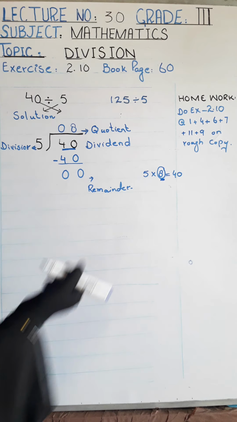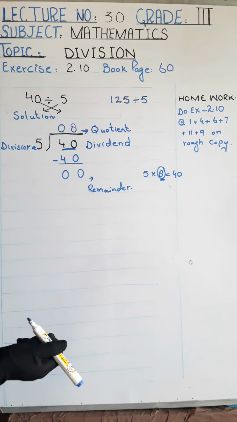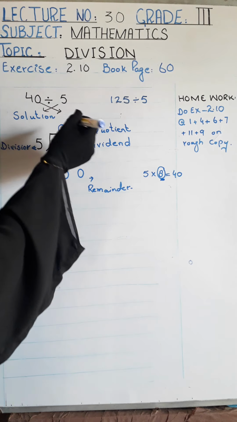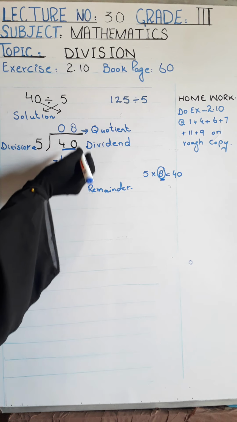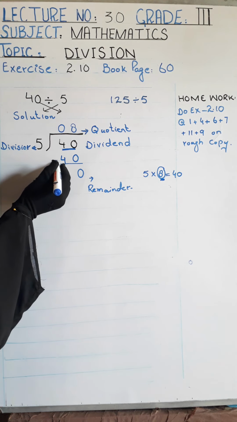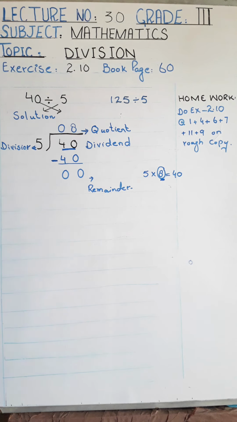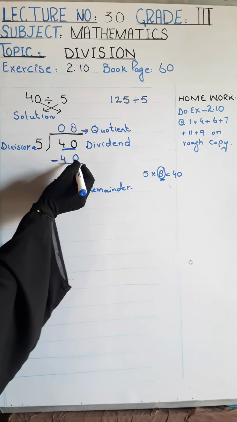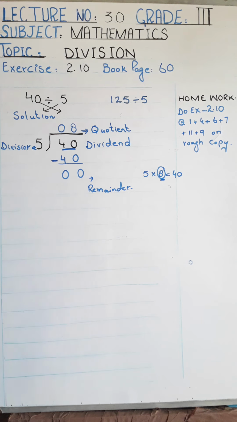We read out the table of 5 eight times and we get the answer 40. We write 8 in the quotient and 40 here. We put the sign of subtraction to check whether any number remains or not. We subtract 40 from 40. The remainder is 0. Clear, student?